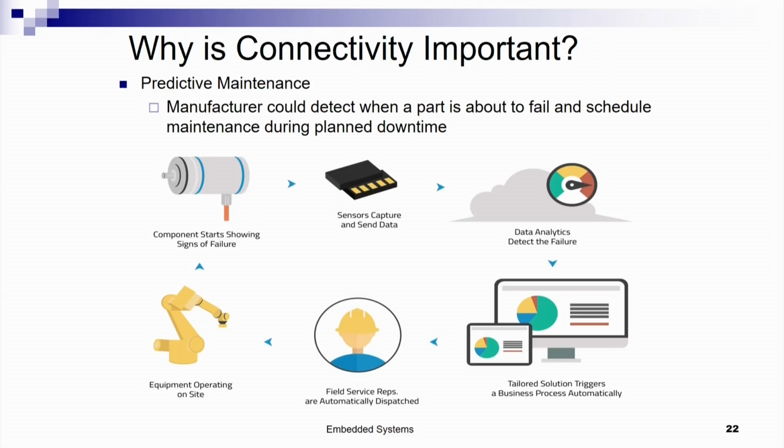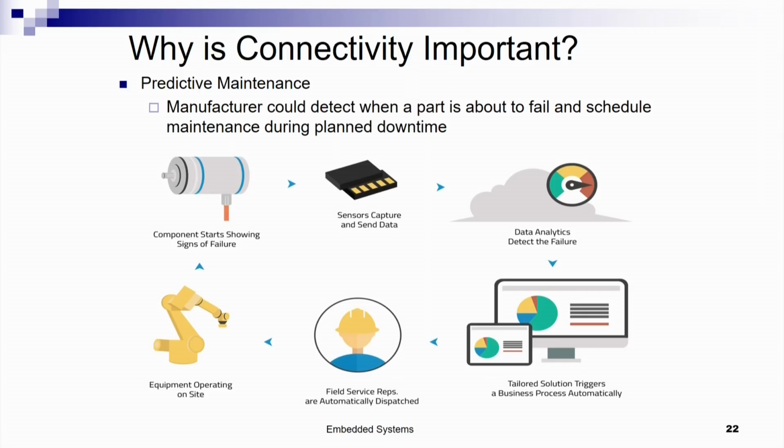It does not actually fail during the flight, and then over the internet, over connectivity, it can tell, say it is a Boeing aircraft, the Boeing service team that a certain component has started showing signs of failure during flight. So, how does that happen? The sensors in the aircraft capture and send the data, and then the data analytics detect the failure.